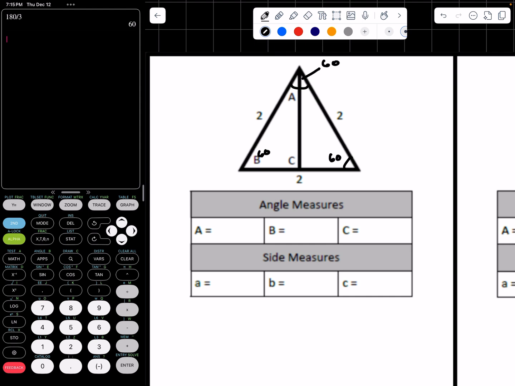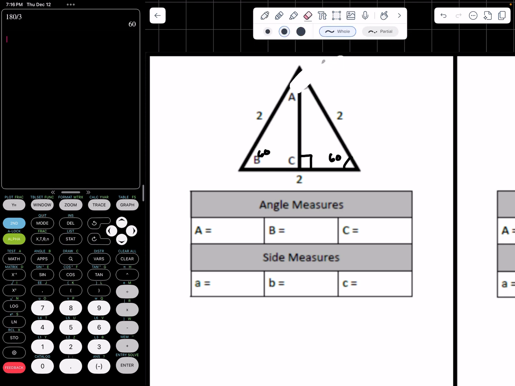Now, if I look at this line drawn down the middle, I'm going to let you guys know that this is a median, this is an angle bisector, this is an altitude. A lot of the terms that we use at the beginning of the year, but essentially this line segment is meeting the base at a 90-degree angle, and it's cutting that top angle in half, that angle where angle A is.